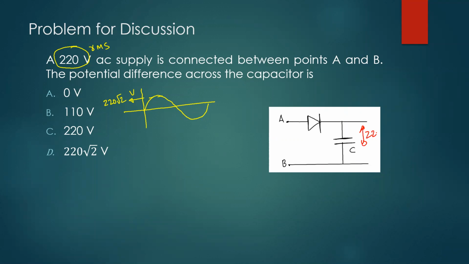Once you get that, between these 2 points, you can imagine that you have 220 root 2 volts. Now, if you apply a smaller voltage and the voltage drops, the diode will get into reverse bias mode. You understand? So there will not be any charge flow. So that 220 root 2 will be there. You're okay? Yeah.